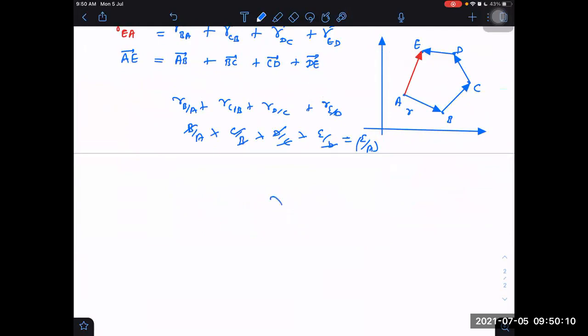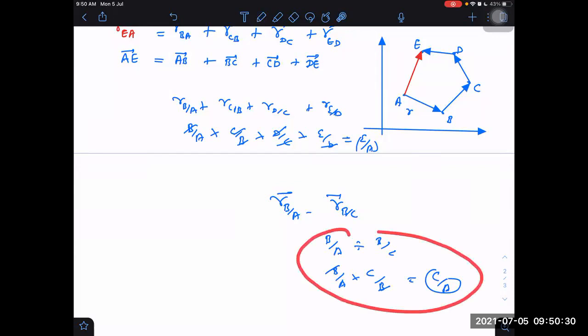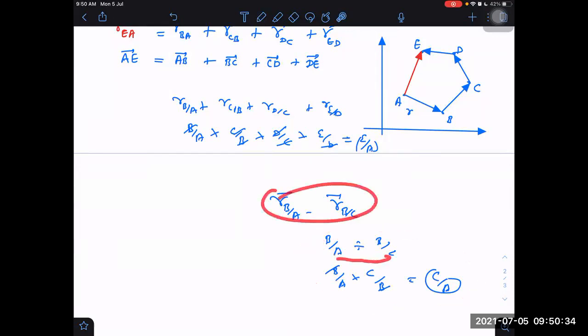So if I say, for example, RBA minus RBC, what would it be? They will write B by A divided by B by C, which will be equal to B by A into C by B. BB cancelled. What is it? C by A. It means nothing actually. It is completely senseless, but it is a way to remember what it will come out to be finally.